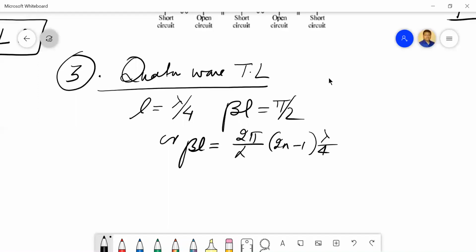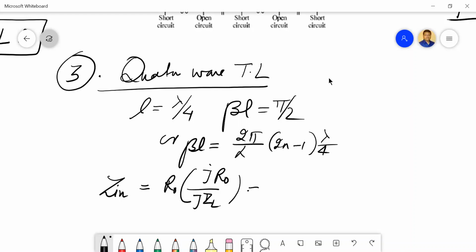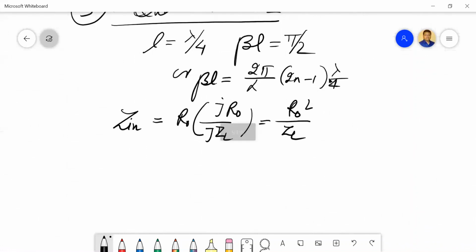If you solve this for Zin, you will get R0 squared over ZL. It means when ZL is infinity, Zin will be 0, meaning short circuit.